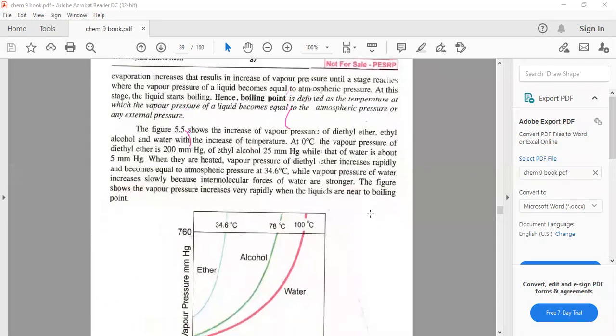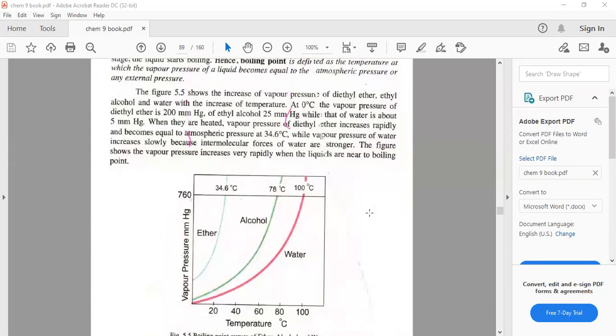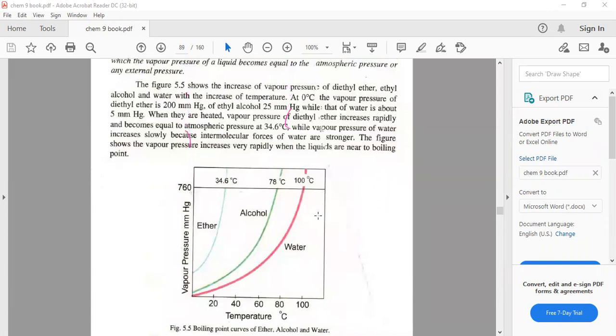Next, see this figure, see this graph. We have taken temperature on the x-axis, vapor pressure in mmHg on the y-axis. 760 is atmospheric pressure. As I told you, 760 mmHg or 760 torr is atmospheric pressure at sea level.